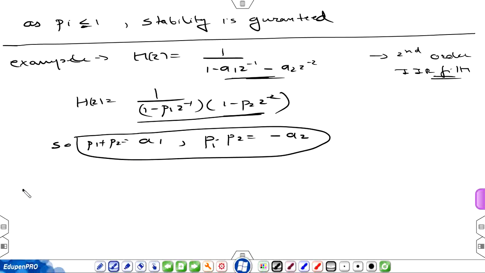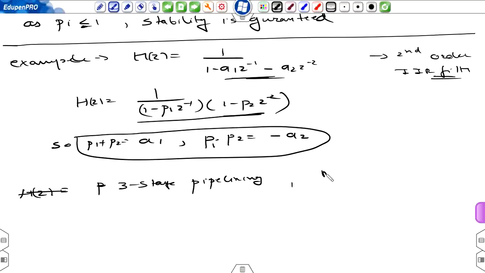Now H(z) is a three-staged pipeline. So pipelining it by three stages, the value of capital M is 3, and this is a second order filter, so the value of capital N will be 2.